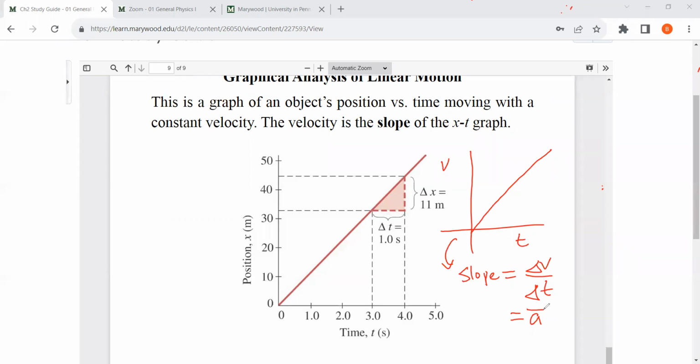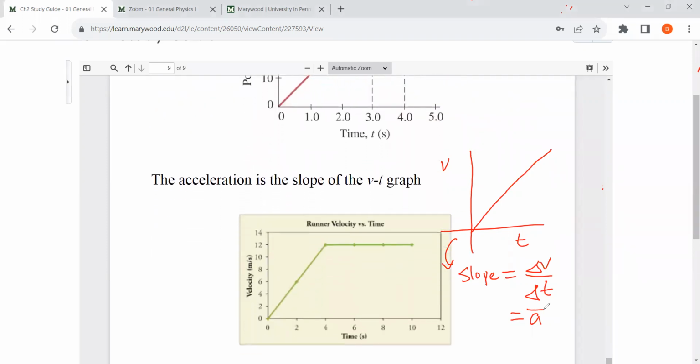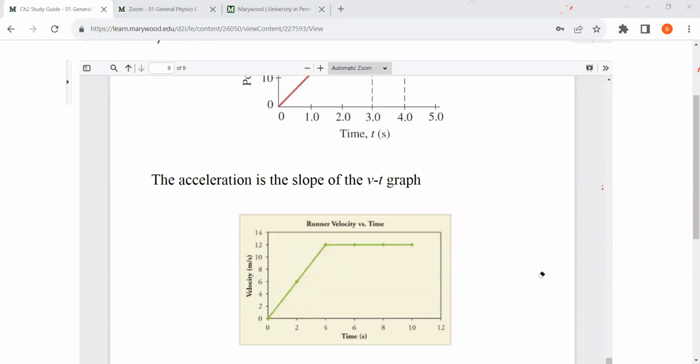So remember that. And the last thing here for today is this graph. Here you see that we have a velocity versus time graph, and the slope of the velocity versus time graph is the acceleration. So we can determine the acceleration here, and also here.